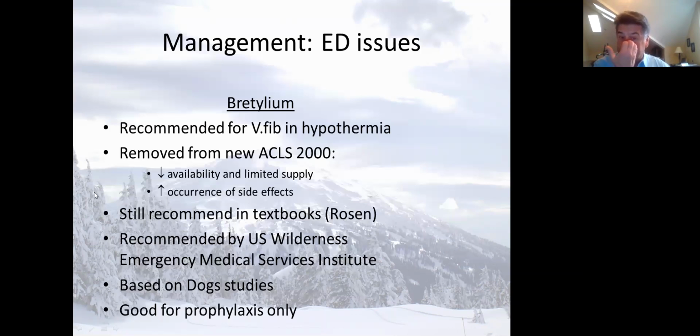It's still recommended in some textbooks. If you talk about the best medication for ventricular fibrillation and hypothermia, bretylium seems to have the best chance of returning a spontaneous circulation. It was based on dog studies, and again, dog studies are different than human studies.